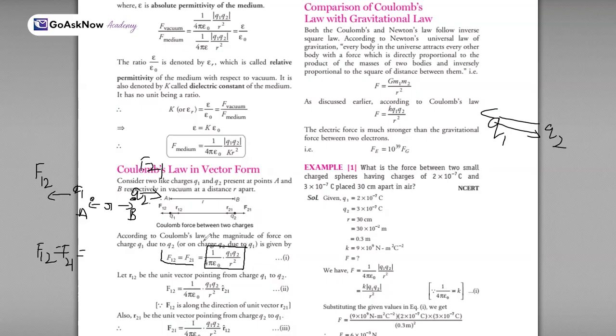And for vector form, I have to write the direction also with the magnitude. This is only the magnitude of the force acting between them. But if I have to write the direction also, I will place here the unit vector. You already know that. If you don't know, I will tell you in the next class.